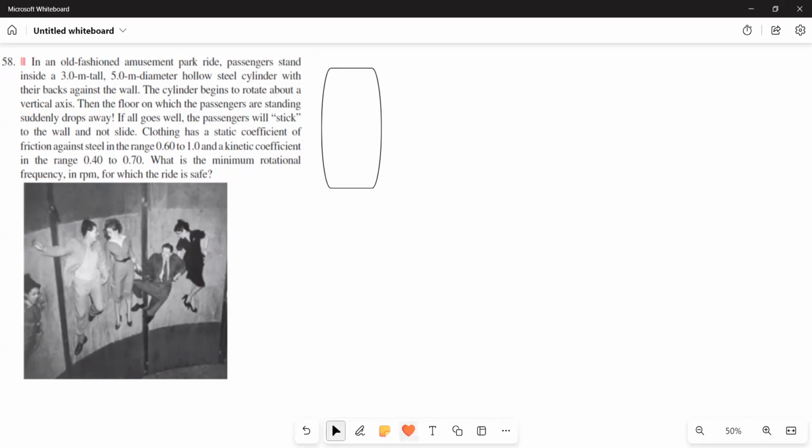Okay, now let us try to draw the picture. Here is the passenger sticking to the wall. What are the forces acting here? The one force is his weight acting vertically downwards. This is Fg. And then another force is F friction. Without friction, the person will slide off.